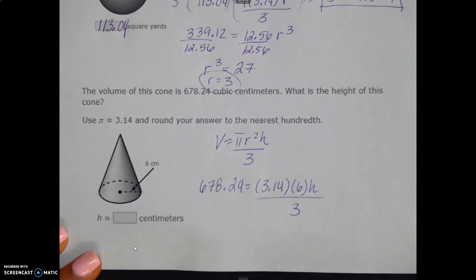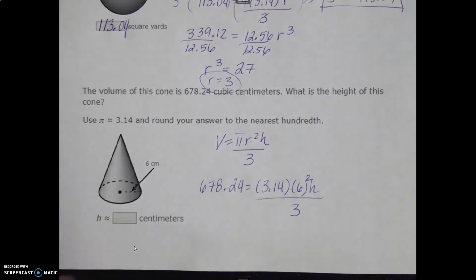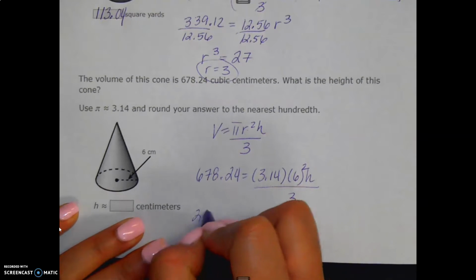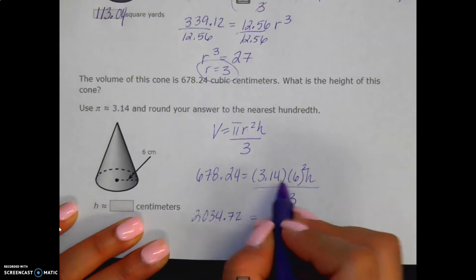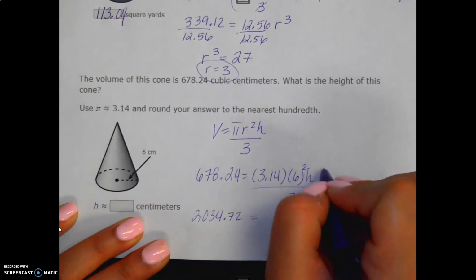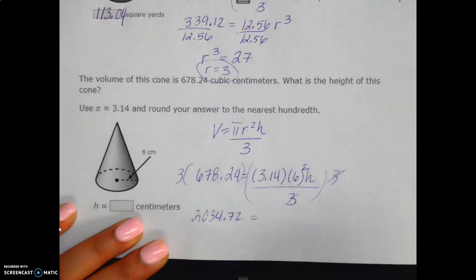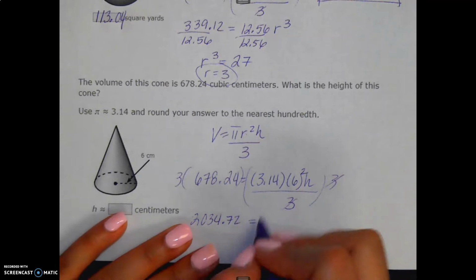All right, so r squared h. I'm going to cancel out that fraction by multiplying both sides by 3. When I do that, my fractions will cancel out, and I get 2034.72 equals 3.14, so these canceled. And so I've got 3.14 times 6 squared, which is 36.